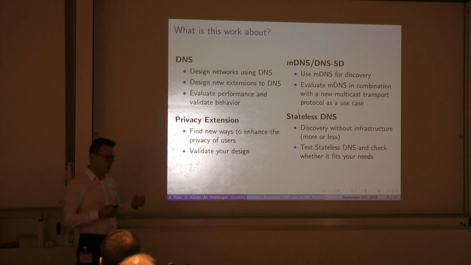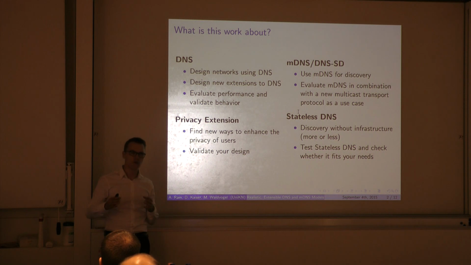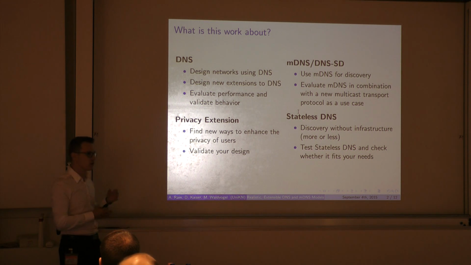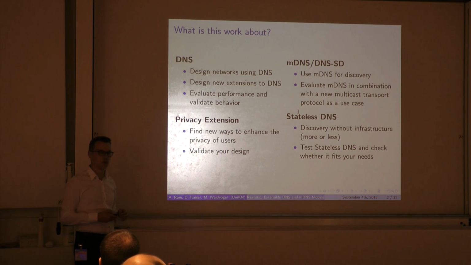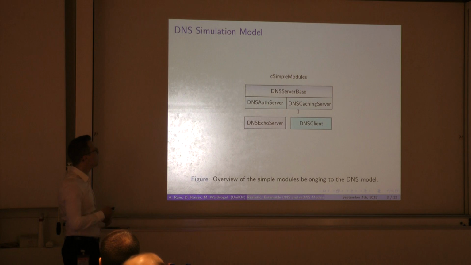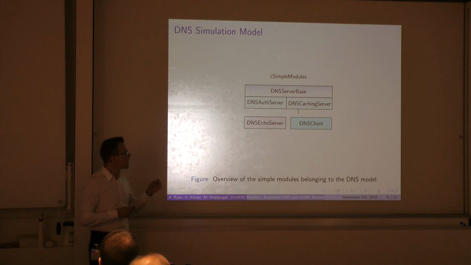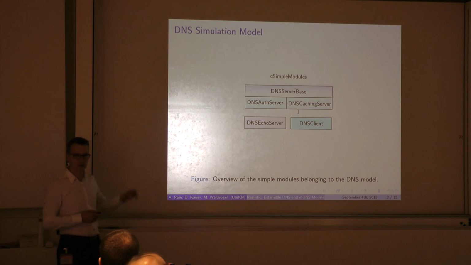Now, we only want to provide you with a high-level overview of what our models can do and what you can do with our models, and do not want to go into detail about every component that is implemented for our model. Here you can see different components which you would actually use, which are all simple modules.